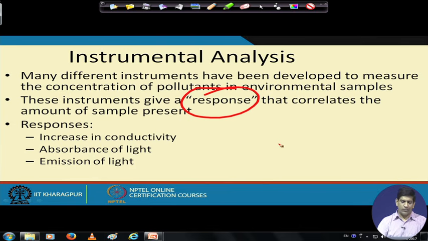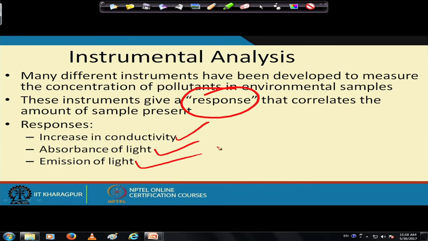That response could be an increase in conductivity, absorbance of light, or emission of light, depending on the type of experiment. Increase in conductivity, many times you see that with IC, when we use an ion chromatograph, since everything is ions, meaning they will have conductivity. The more the ions, the higher the conductivity should be, and the higher the TDS as well, total dissolved solids.